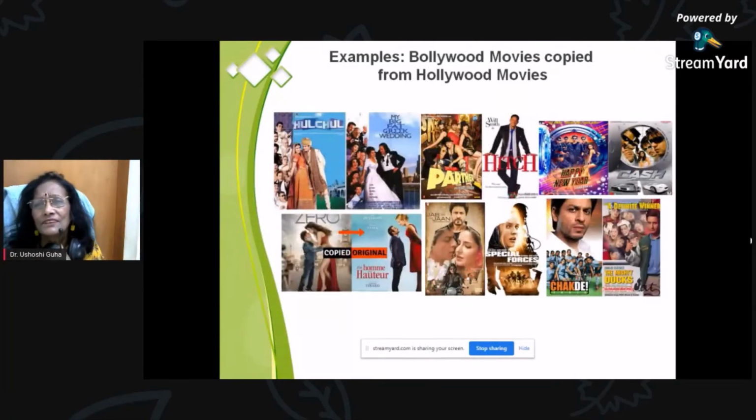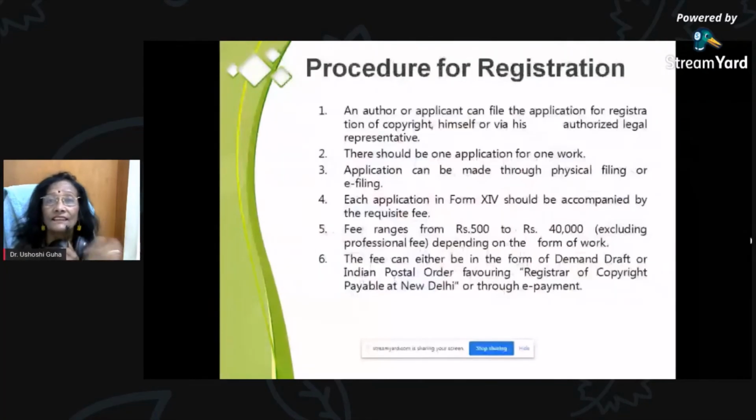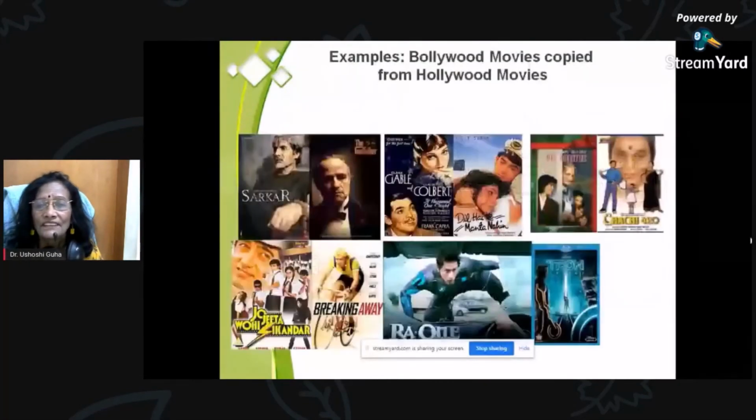Now, these are the Bollywood movies copied from Hollywood movies, and the cases are going on. It includes even Chakde. Please go to this, kindly see.